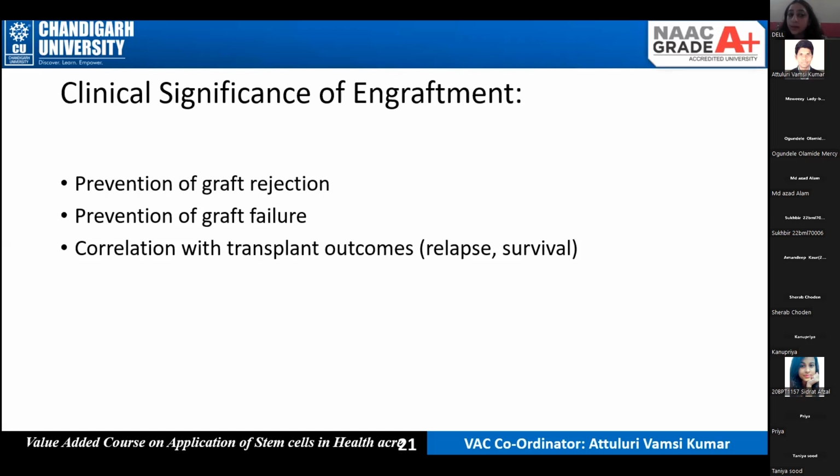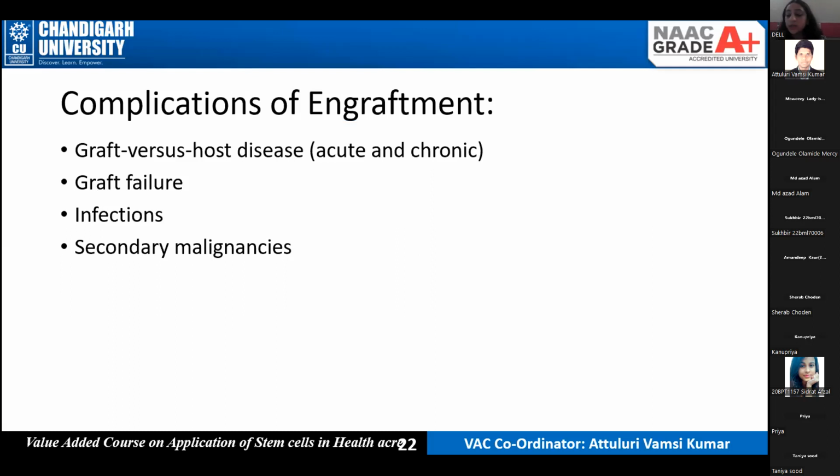So for this correlation, we have to maintain the engraftment and improve the disease control. We have to go for regular treatment and timely intervention after the engraftment. Now, what are the different complications we can see after the engraftment?